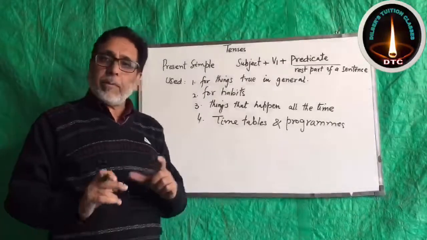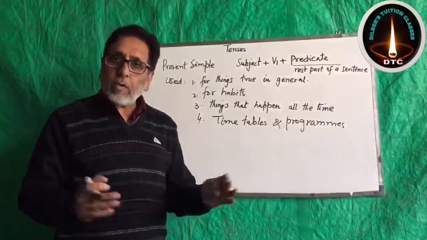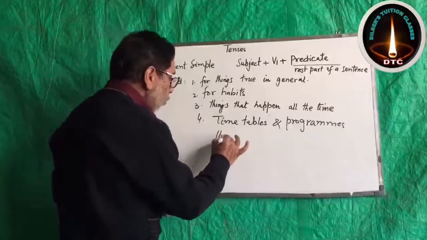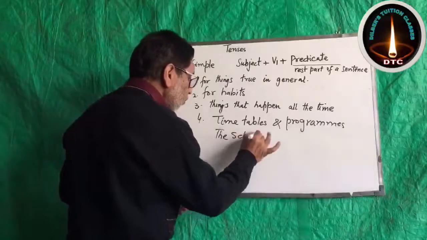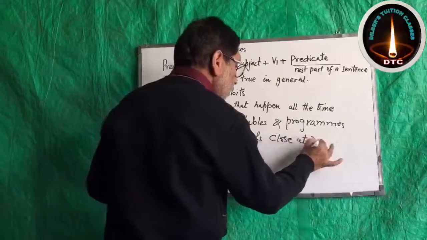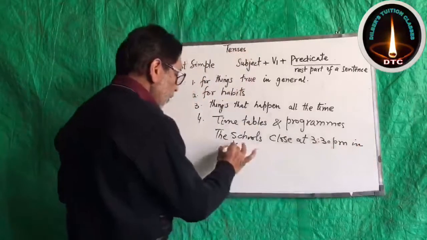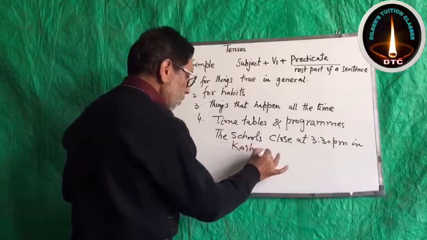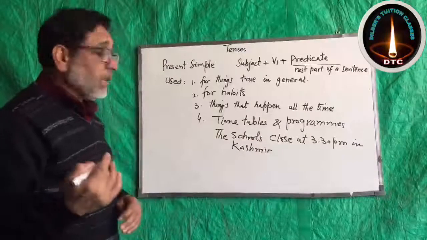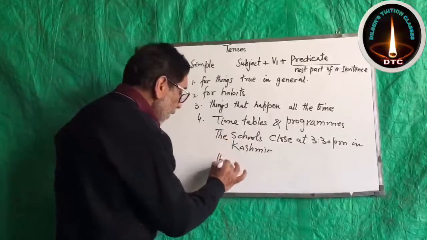It is something, say for example, trains and buses and aeroplanes, they have a timetable to go. For example, the schools close at 3:30 p.m. in Kashmir. So this is the timetable. The school is closed at 3:30 p.m. in Kashmir.